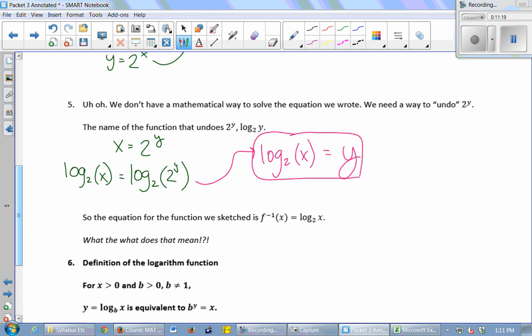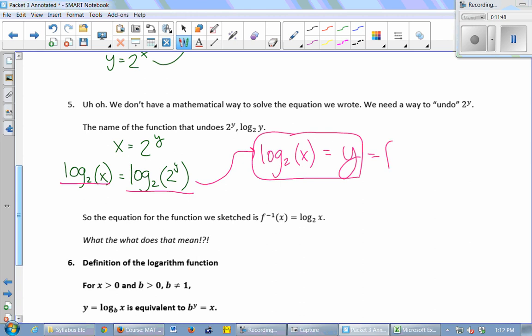So what I did is I'm going from this previous step and I just copied the left-hand side. And on the right-hand side, log base 2 undid 2 to the y. So the y ended up by itself. Yeah. So this is the inverse of 2 to the x.